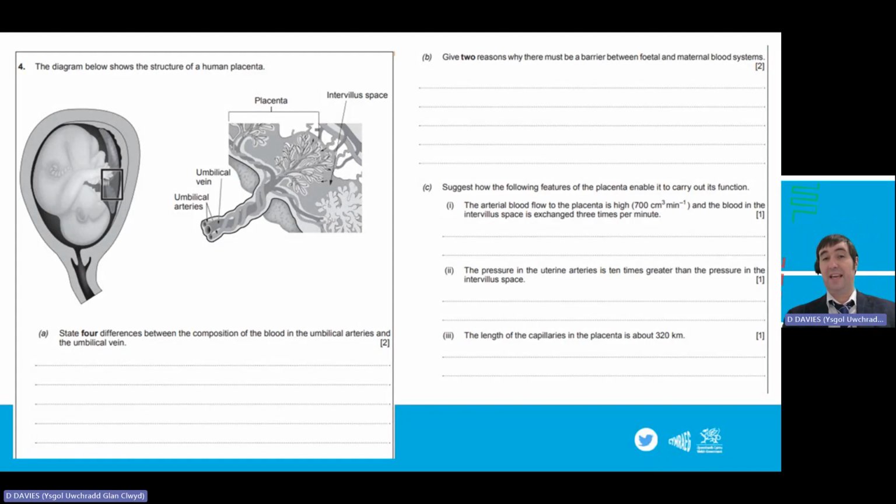Okay, so again, they're not common sense answers, but you need to know about the structure, what the function of the placenta is, and what it's trying to do, and then link that to these features here. Okay, so again, stop the video and I will publish the mark scheme for you.